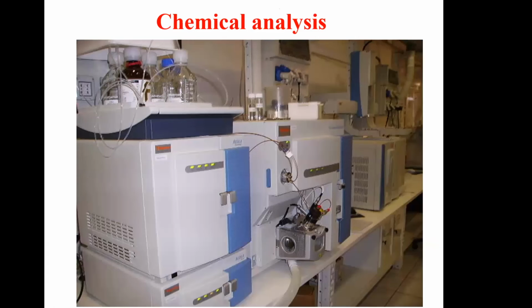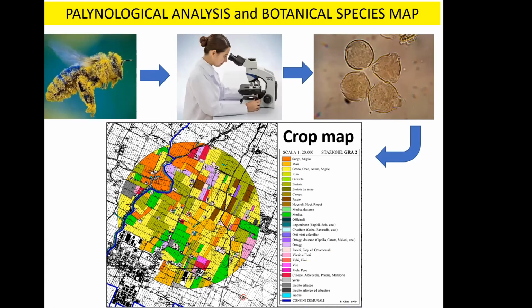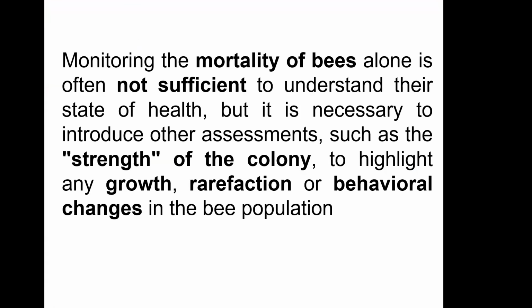So it is important to perform a chemical analysis to investigate the possible cause, and also the palynological analysis in order to guess where the bees have flown, so we can intercept the exact location of the pollution. But the mortality of bees is not the only element that we must take into account, because mortality alone may not be sufficient to assess the health status of the colony.